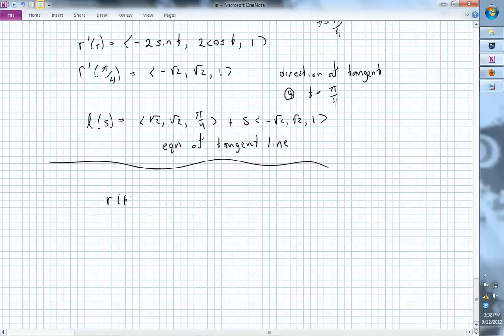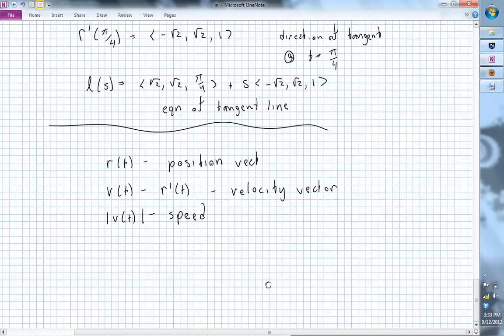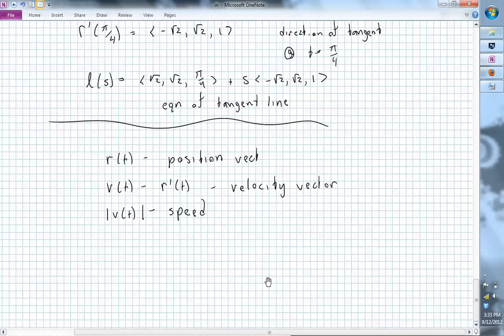We have r of t can be thought of as a position vector. Then v of t, which is the derivative of r of t, is the velocity vector. And the magnitude of v of t is the speed. We're not going to talk about a yet; we'll talk about a in the next one.